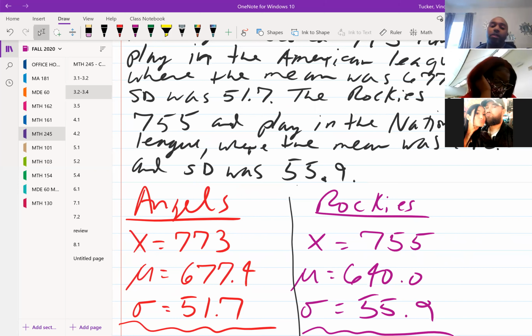For the Rockies, they scored 755 runs. 640 was the mean in the National League, and then 55.9 was the standard deviation. So that's the given information. I haven't done any calculation yet.